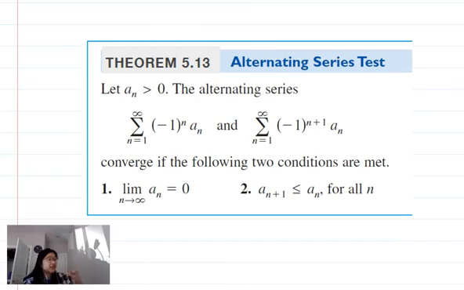So we have the alternating series test, where we have a sub n. All of these we're going to say are positive. It doesn't matter if we start on n+1 or n, whether the first term is positive or negative, we are going to have this alternating series.